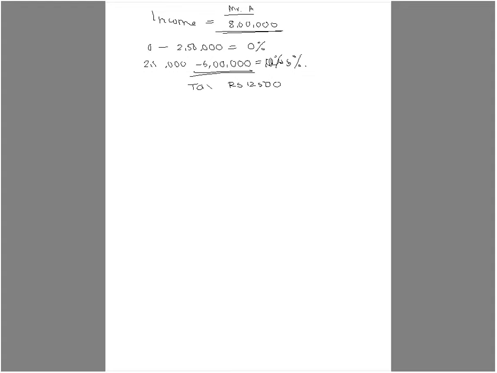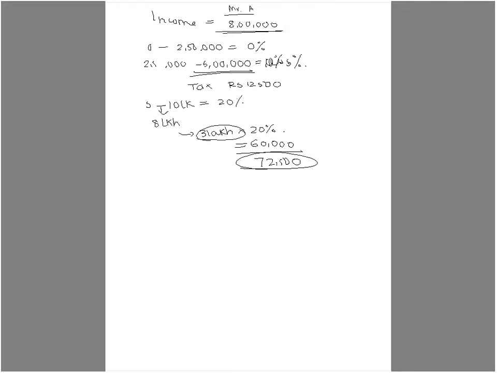From 5 lakh to 10 lakh, you pay 20%, and this person is earning 8 lakh, which means 3 lakh above 5 lakh. So on 3 lakh, he has to pay 20%, which is 60,000. So the tax for this person is going to be 72,500. Guys, clear?